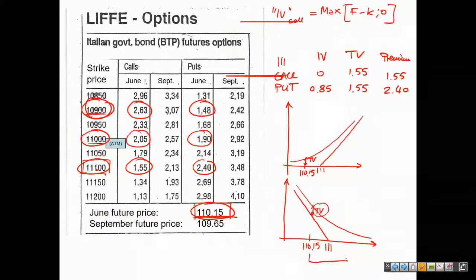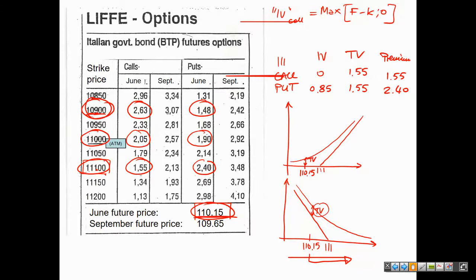You should have the price moving from 110.15 to a price greater than 111. You are pricing the same event, if you want. What lies behind the two time values is the probability that the price from 110.15 will move up above 111. Have I been clear?